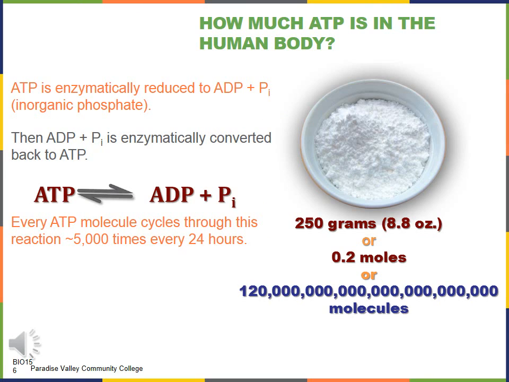Again, I want to give you one more piece of background information before we really delve into these energetic equations, chemical equations. Illustrated here is just a nice little depiction of how much ATP is in the human body.